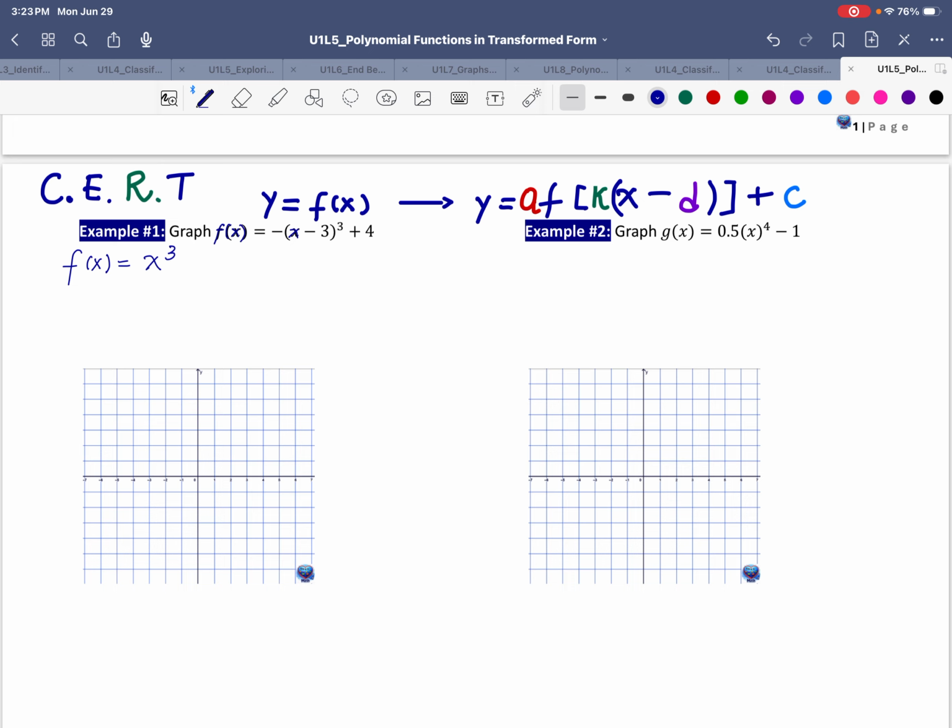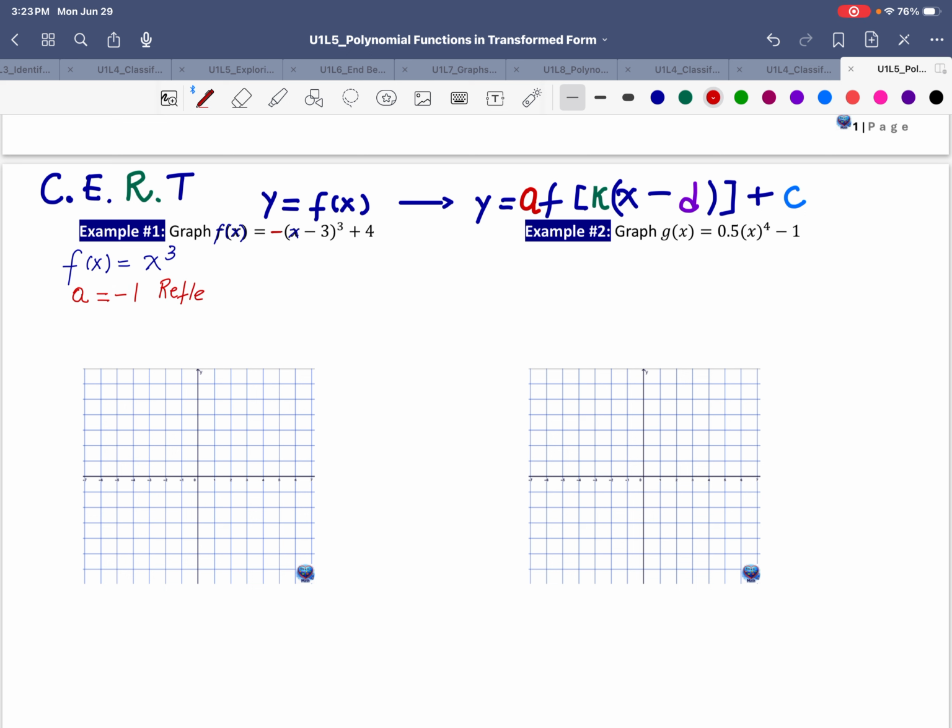So what I see in here is this negative sign. This is sitting in front of x cubed in here, so in front of the function, which tells me that that negative sign represents the value of a, which is negative 1. So when a is negative 1, there are no particular stretches happening, but the sign is negative, which tells us that the function is being reflected.